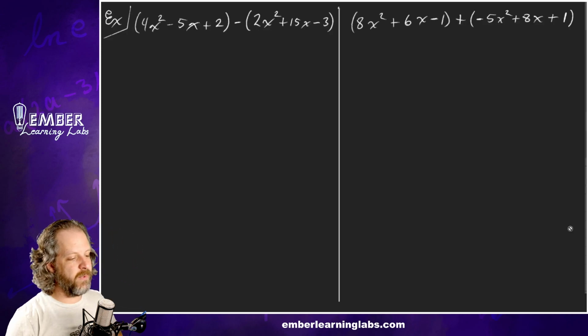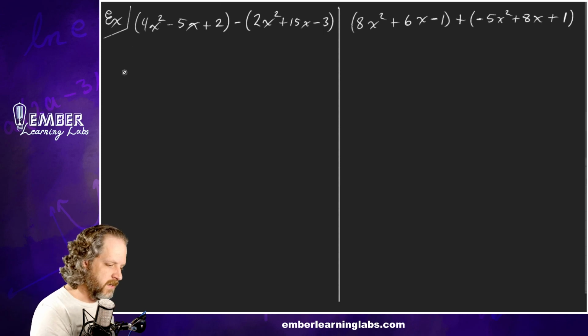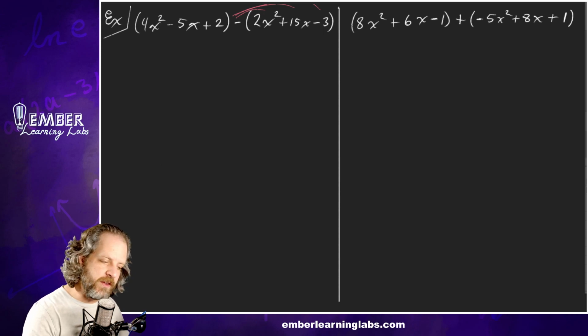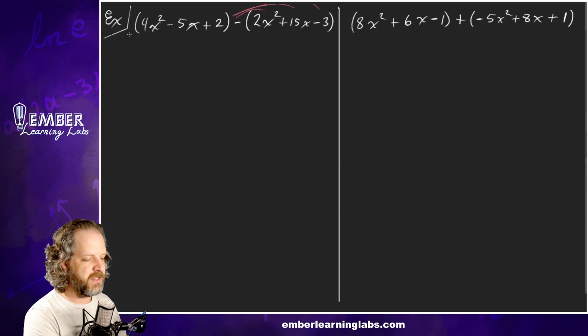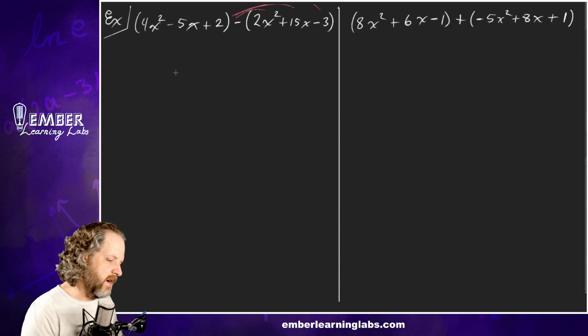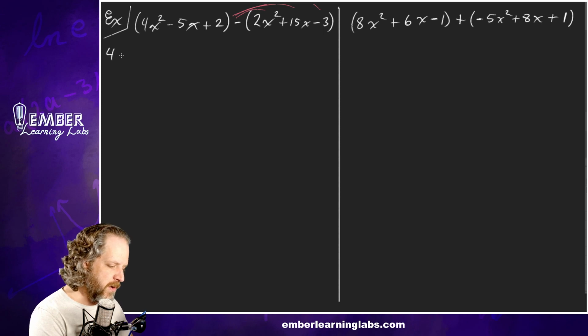Next one. All right. We got a big old thing here. What do we do? The same thing as if there were just a couple of them. First thing we've got to do is distribute that negative, right? Distribute the negative. So this front one, there's nothing in front of this parentheses, so this first set of parentheses doesn't matter. The first part just is 4x squared minus 5x plus 2.